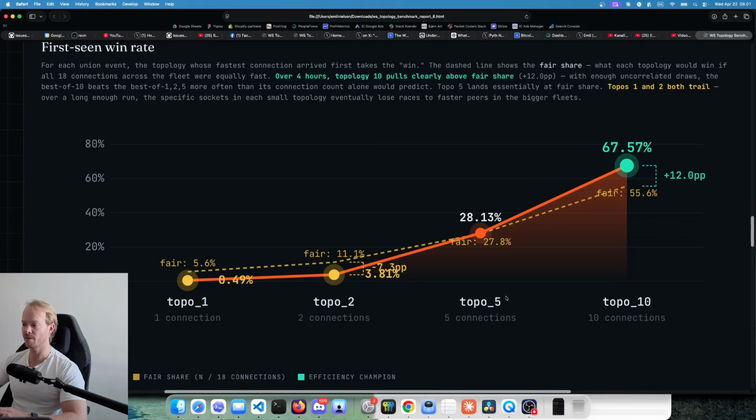Now, if you increase that to 5 connections, we're actually starting to see that it gets a little bit above the fair share. It got 28.13% of the time that these 5 connections actually saw an event first.